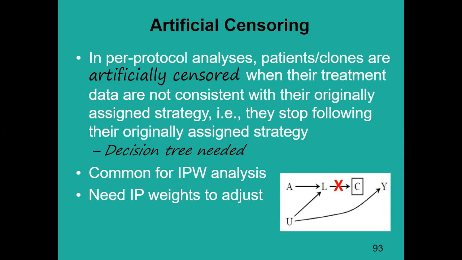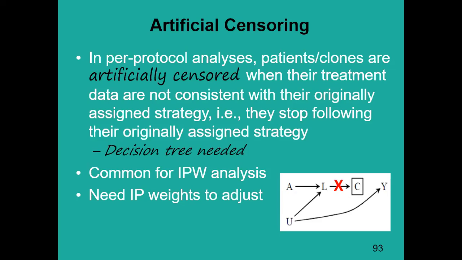For example, if a patient is assigned to the low hematocrit strategy and the observed hematocrit is lower than the lower end, you're supposed to increase the dose according to the rule, right? However, if the patient received a lower dose, then we artificially censor this patient at that moment.